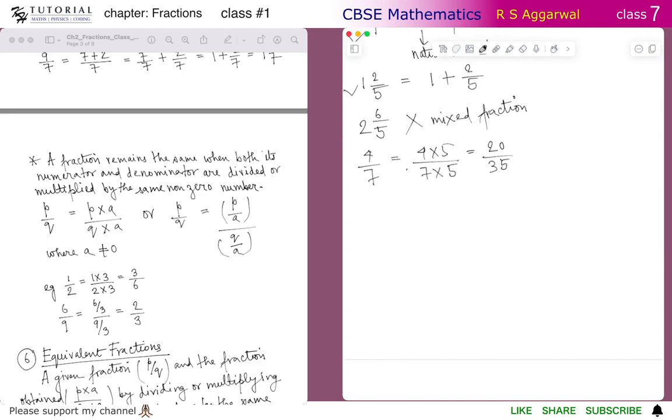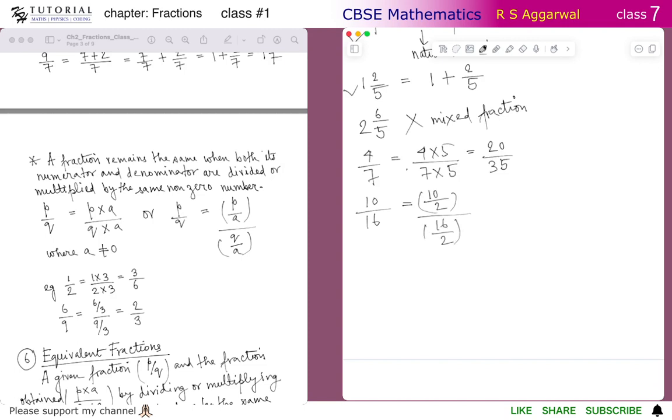Also, let's say I have 10 by 16. I can divide both the numerator and the denominator by 2, and I can have it like this.